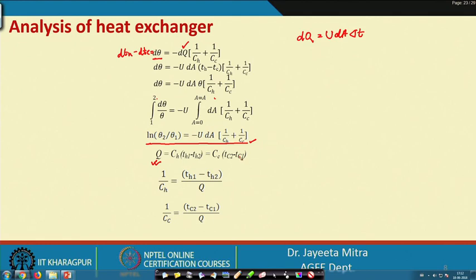So, from here we can write 1 by Ch equal to (Th1 minus Th2) by Q, and 1 by Cc is (Tc2 minus Tc1) by Q. Now, these two we are going to put in this equation.